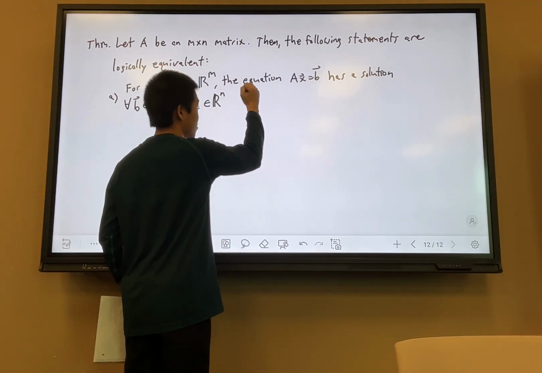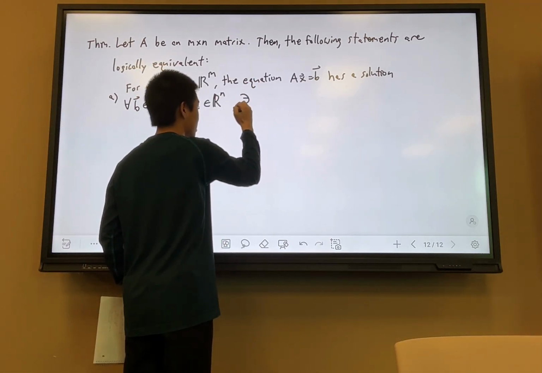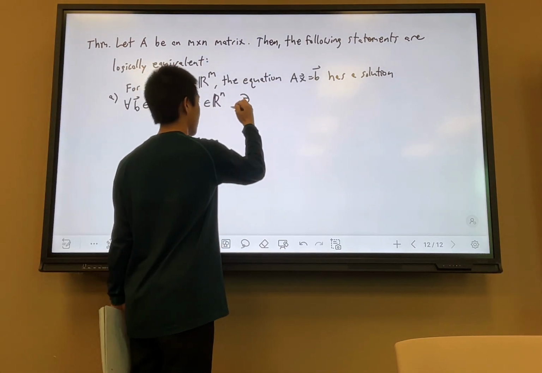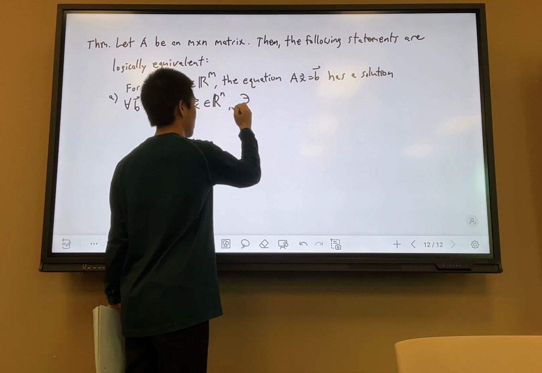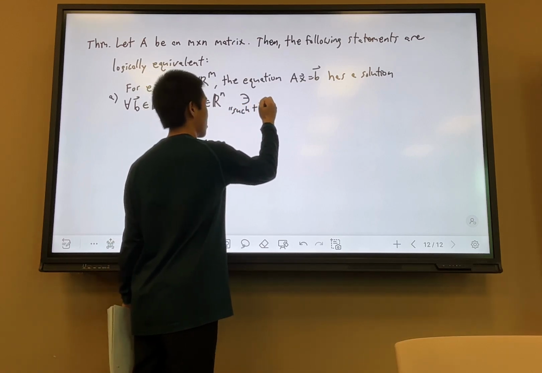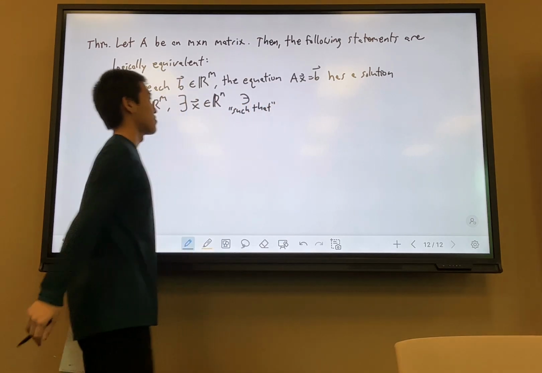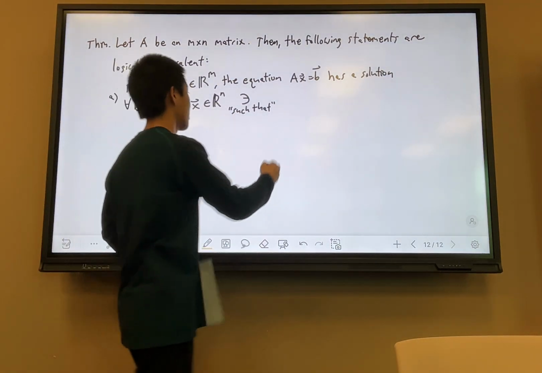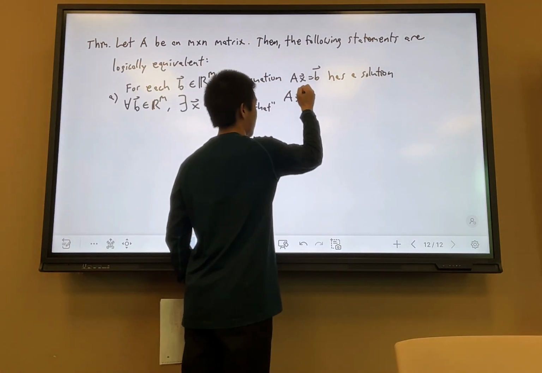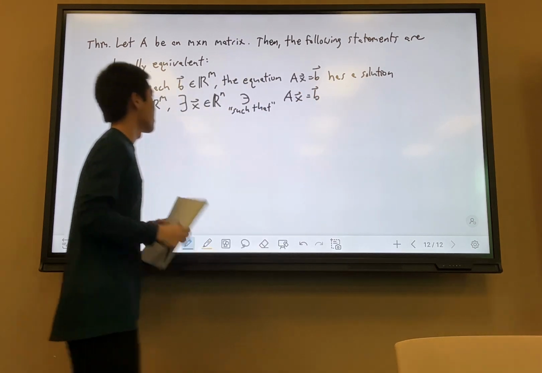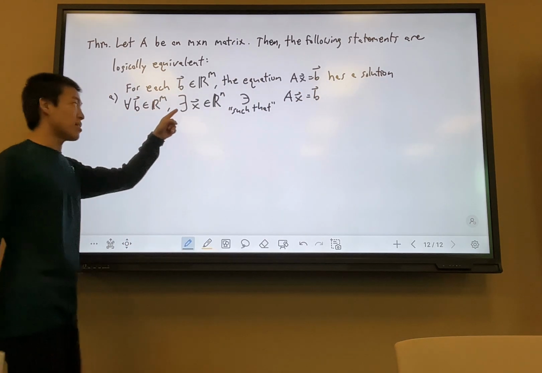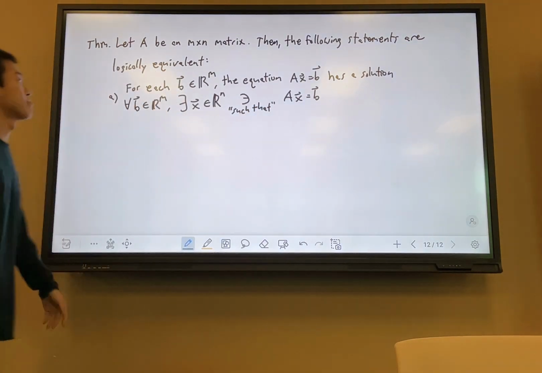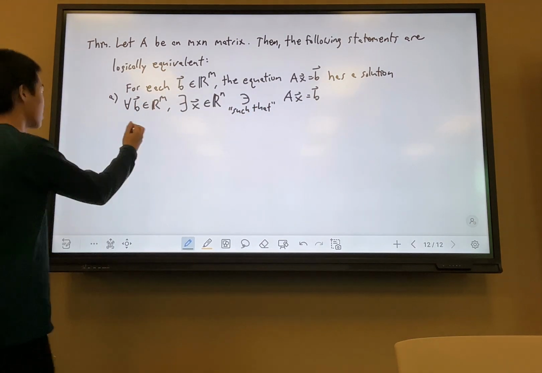Such that, this is a new one, this symbol means such that. There's a lot of different such that symbols. This is one. Such that Ax equals b. So I'm basically saying, no matter what I choose for b, there exists some solution such that the equation is still good.